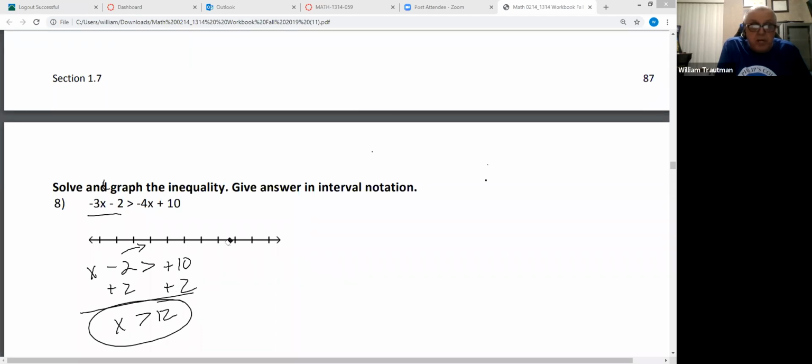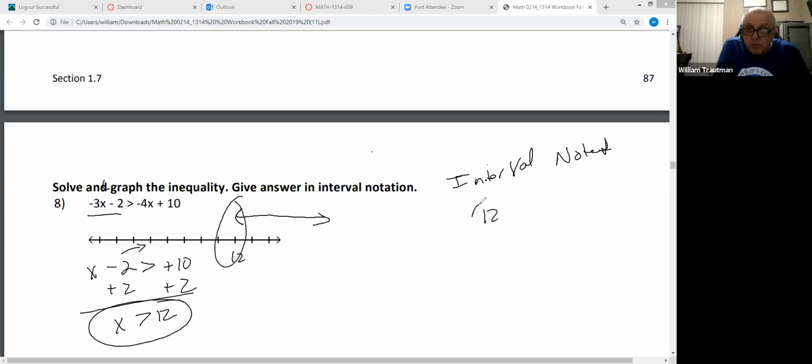So on my graph, I don't know which one is 12, so I'm just going to mark it 12. X is greater than 12. There's no equal sign, so greater than 12 goes to the right. Greater is the right. There's no equal sign, so we use parentheses. Interval notation: the far left is 12, and it's a parentheses.